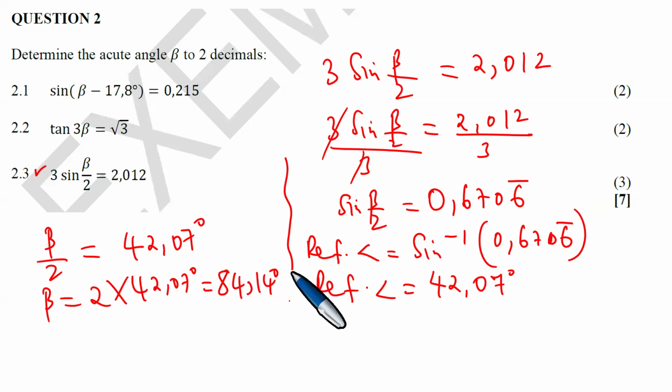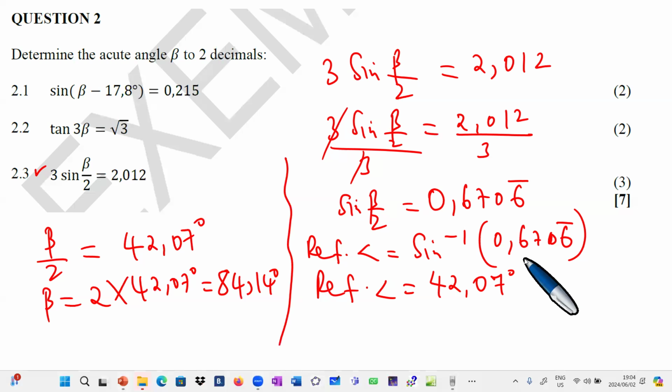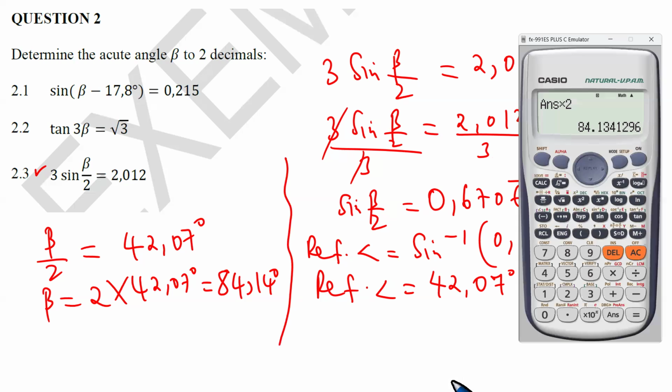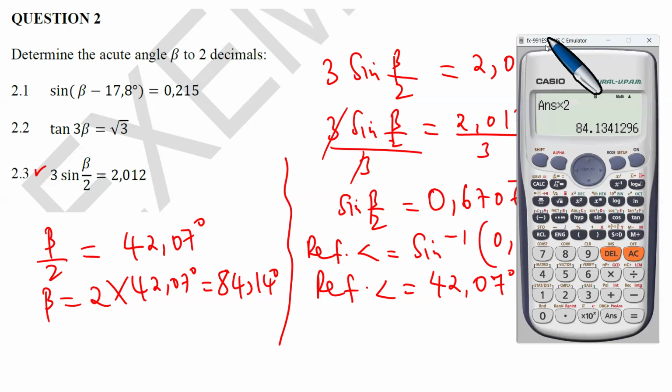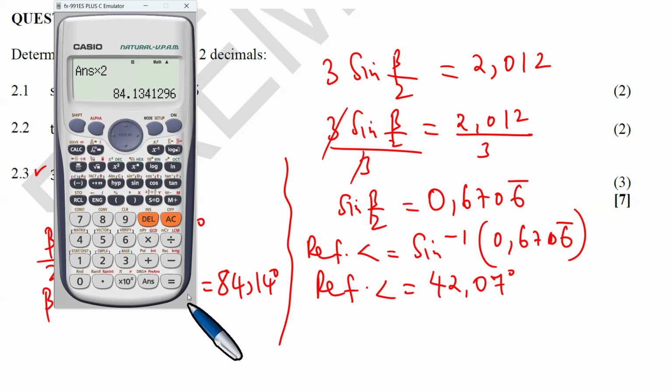84.14 degrees. Right, so a very interesting question that we are doing. This can be done using the calculator with much ease and great simplicity as we are able to calculate these things.